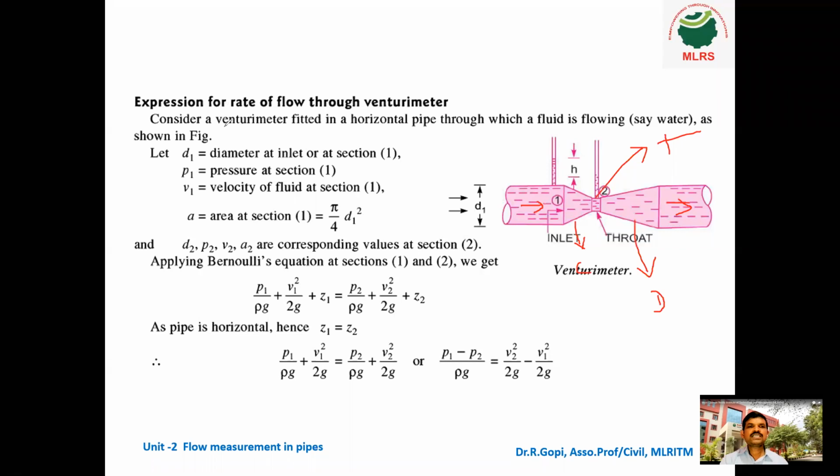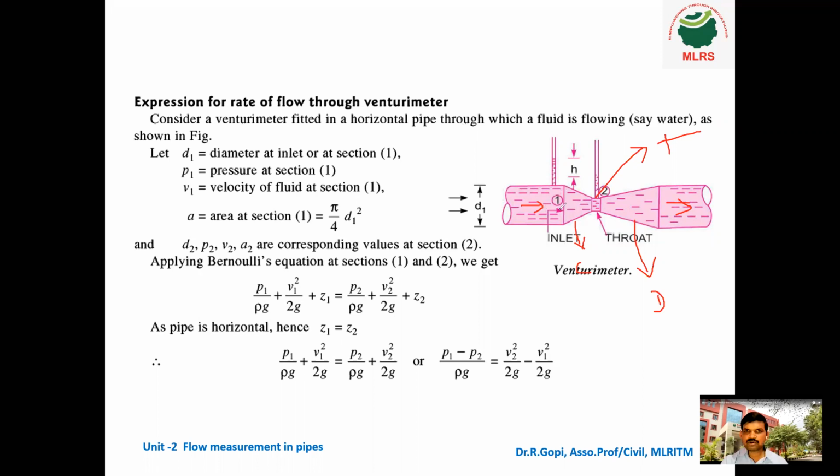Consider a Venturi meter fitted in a horizontal pipe through which a fluid is flowing, say water, as shown in the figure. Let D1 be the diameter of the inlet pipe, P1 the pressure at section 1.